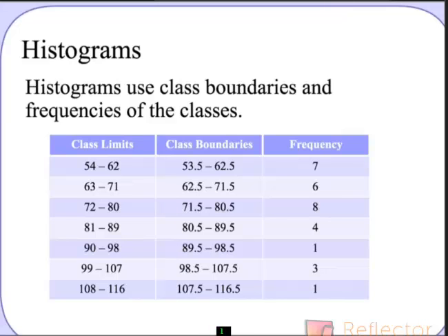Once we do this, we're going to use our class boundaries column and our frequency column. We're going to start with our 53.5 boundary, and we're going to end with our 116.5 boundary.